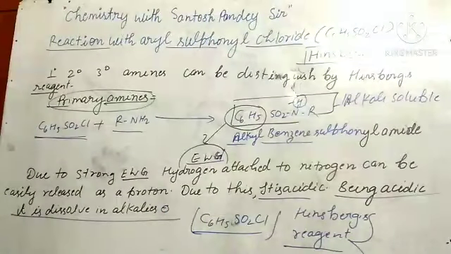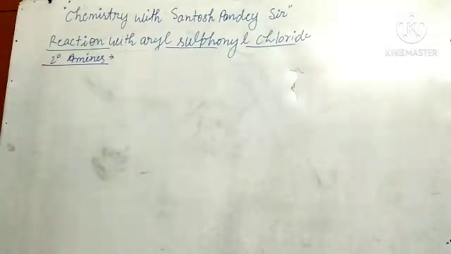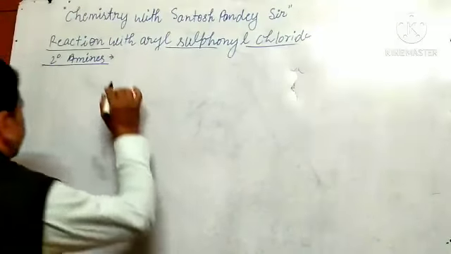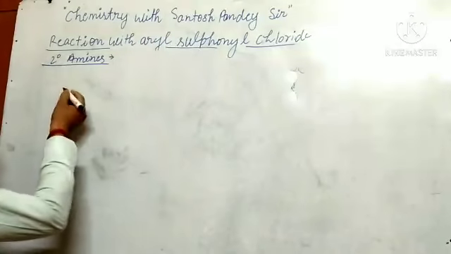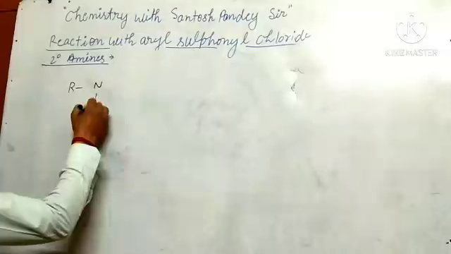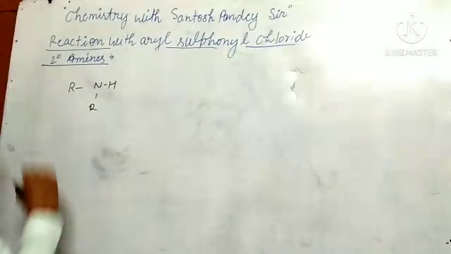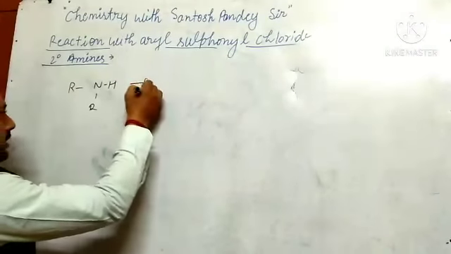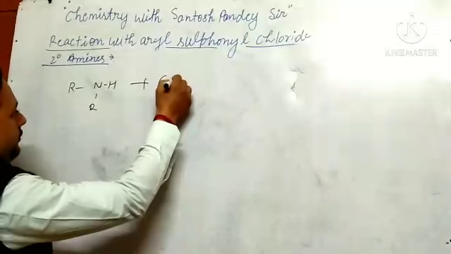Okay, let us see secondary amines. How do secondary amines react with benzene sulfonyl chloride, the Hinsberg reagent? Let us write here: this is the secondary amine, and this is benzene sulfonyl chloride.